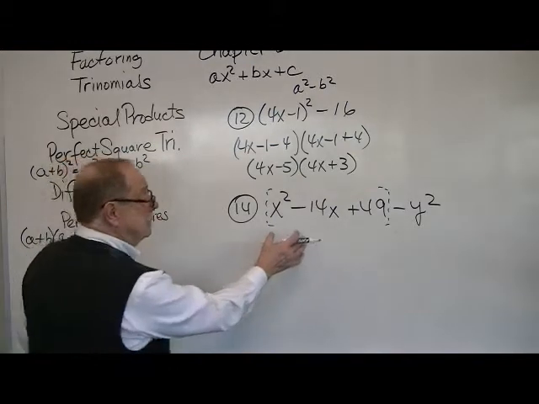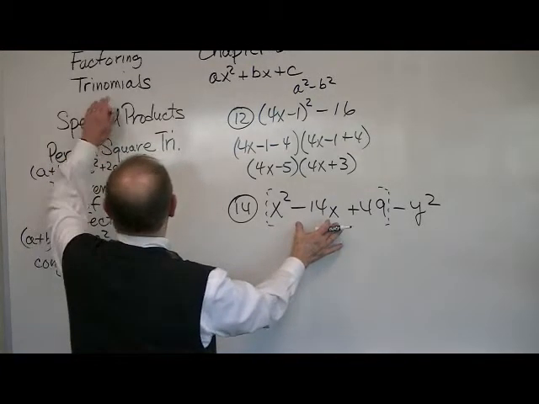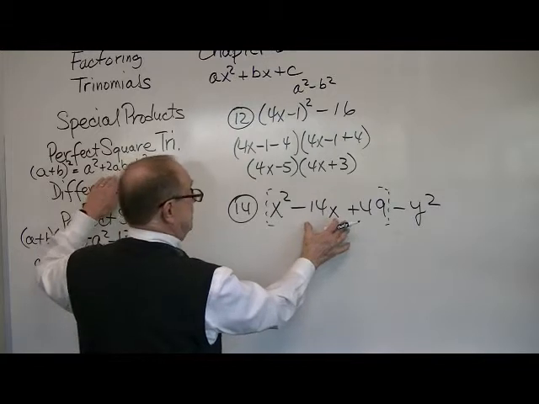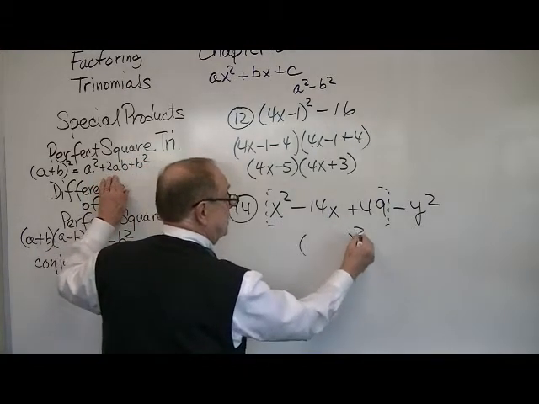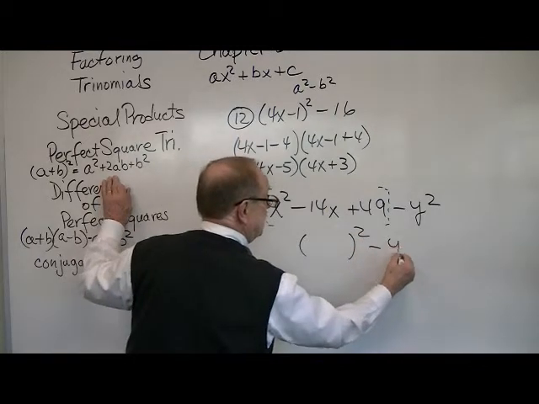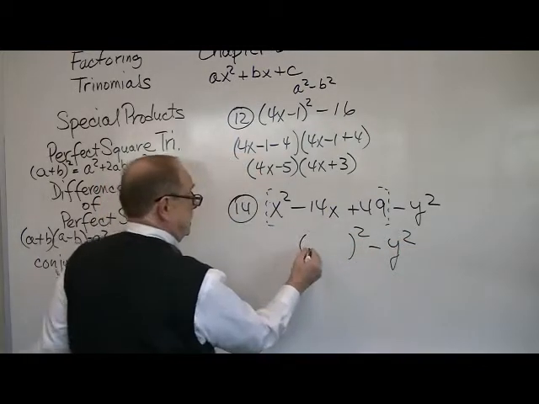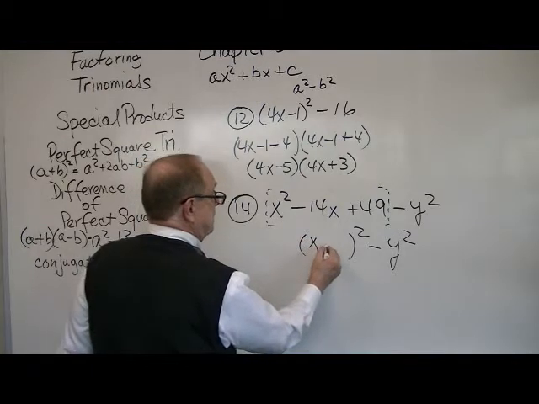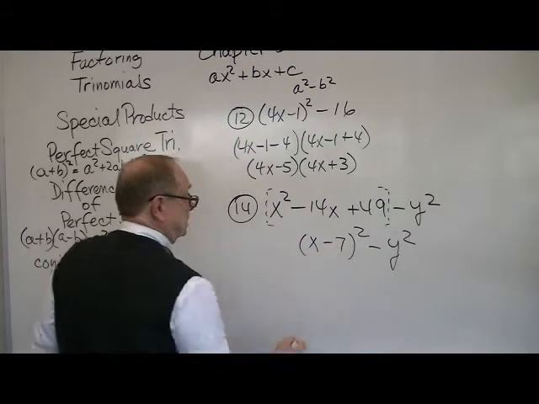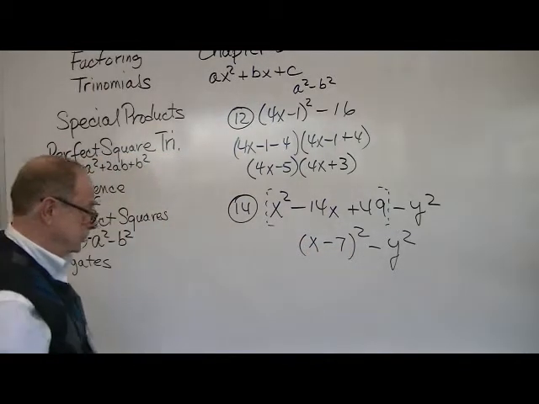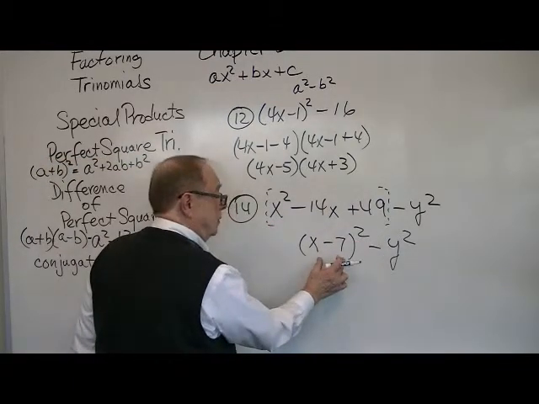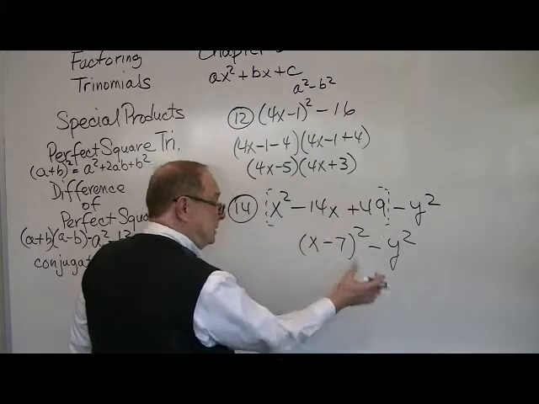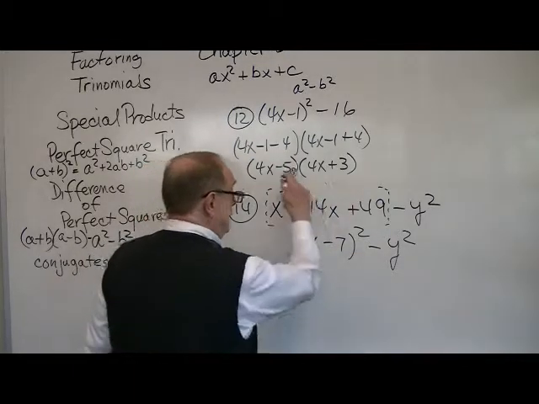And you look at that and you say, oh, that's a perfect square trinomial that will factor into its binomial square. So once we change it from this form into this form, then we have the difference of perfect squares, and we do it like this.